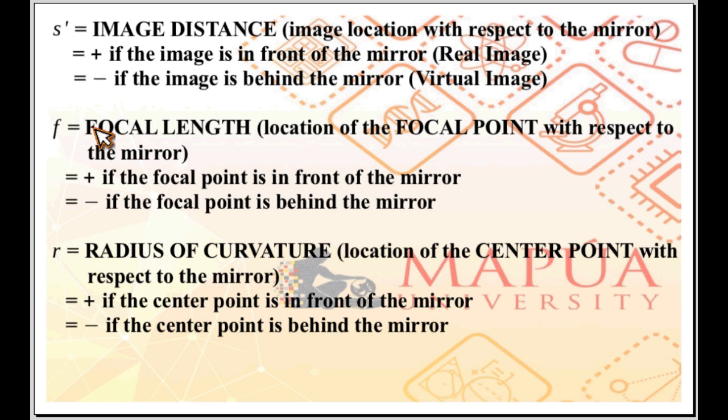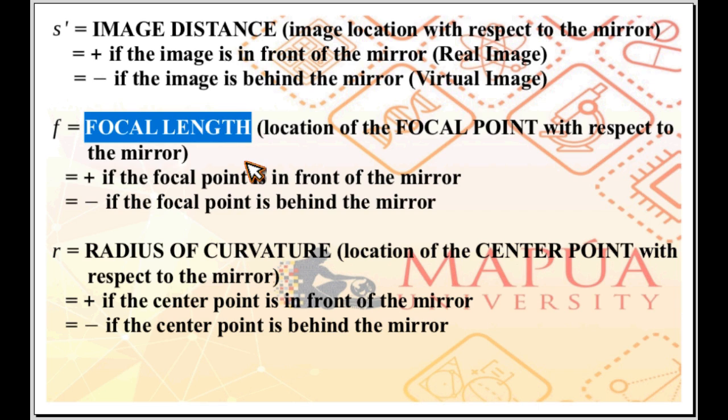F is the focal length of the mirror. Each mirror has its own value for the focal length. Focal length is the location of the focal point with respect to the mirror. Focal point is a reference point of the mirror.